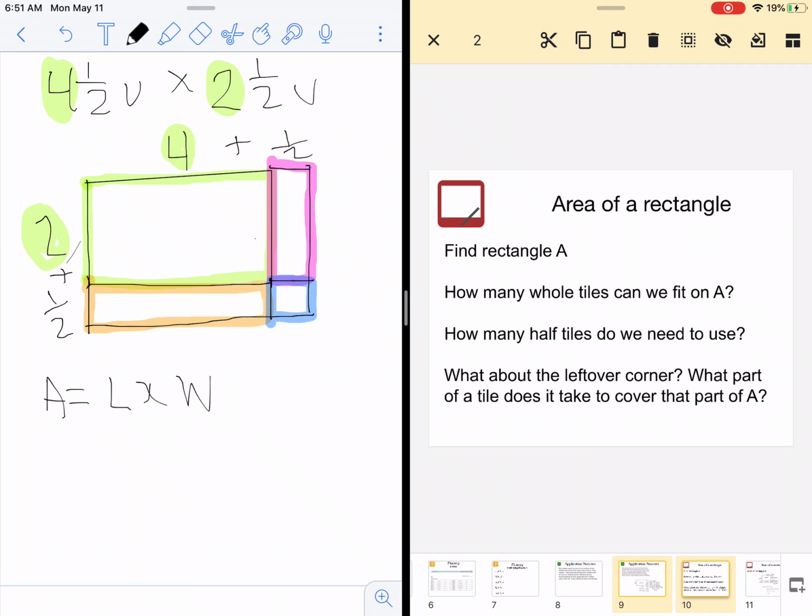Right now we have 4 1/2 times 2 1/2, which equals, how we decomposed it, 4 plus 1/2 times 2 plus 1/2.